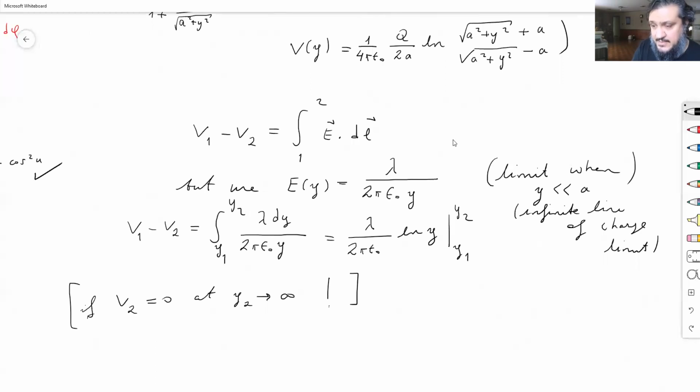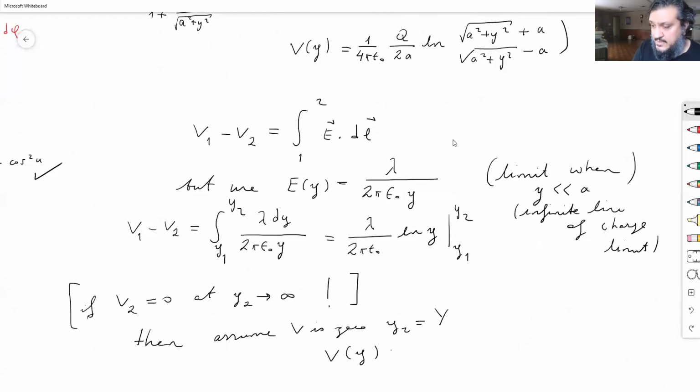In order to avoid that, do not consider V2 to be 0 at y equals infinity. Y2 could be any arbitrary number. Then assume V is 0 when y2 is some arbitrary number, call it capital Y. Then V1 minus 0, I'm just going to call it V, the potential of the point y.